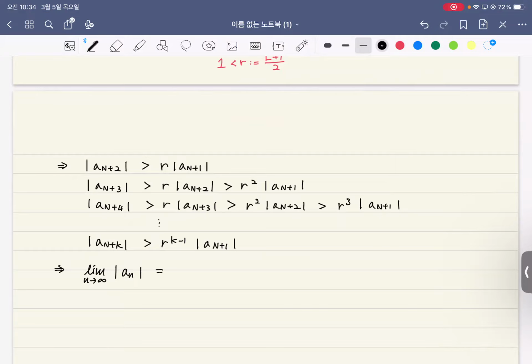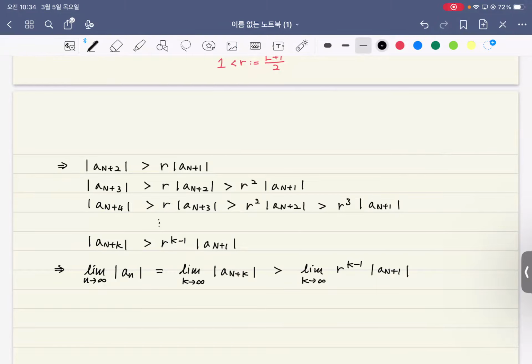But this is greater than a geometric sequence whose common ratio is greater than 1, so it will blow up and go to infinity. This one goes to infinity, therefore this one goes to positive infinity as well.